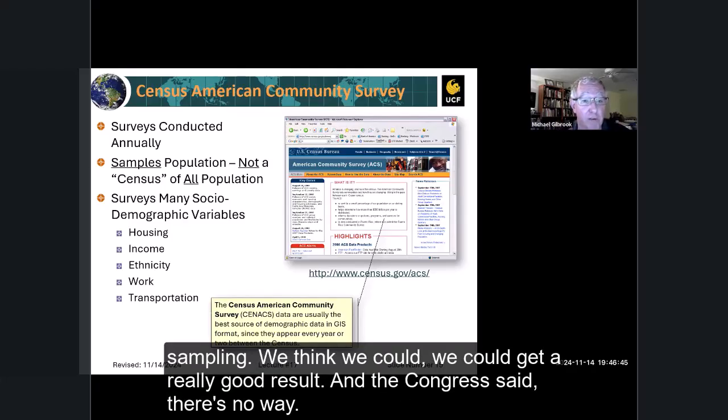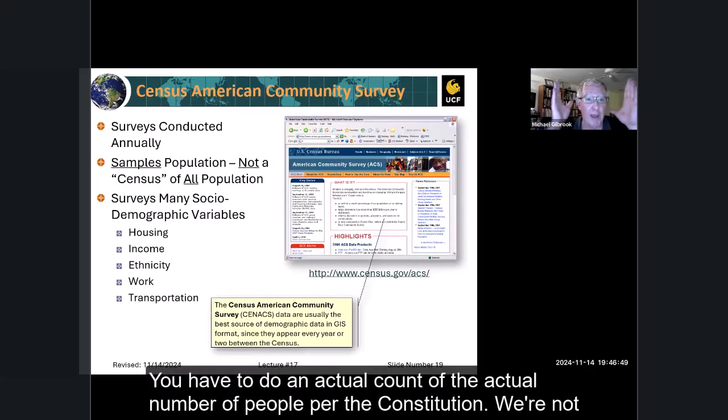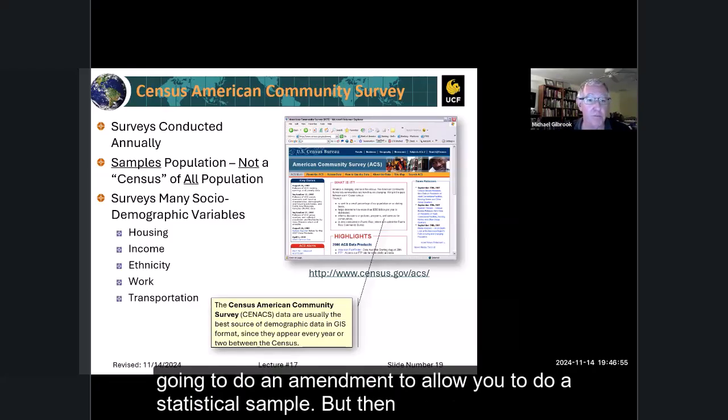We think we could get a really good result. And the Congress says there's no way. You have to do an actual count of the actual number of people per the Constitution. We're not going to do an amendment to allow you to do a statistical sample.